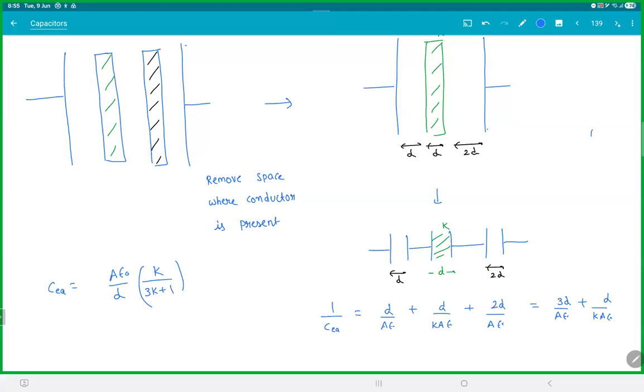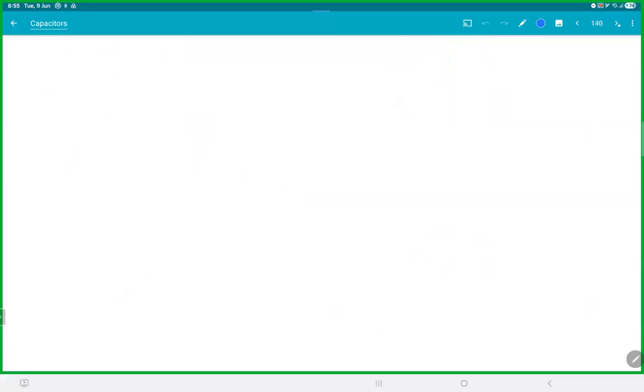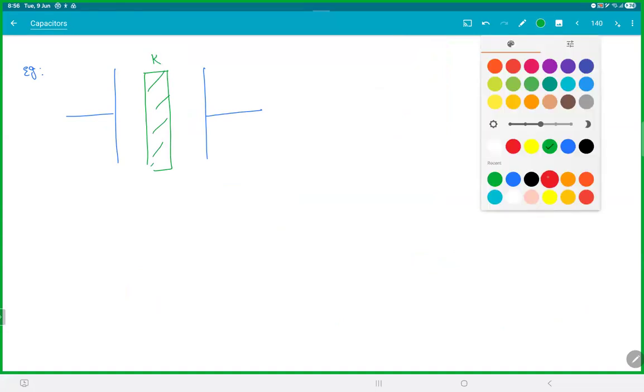All clear with this? Before going ahead, let's see just one more example. Tell me the answer for this because this is a very important Mains and BITS model. So let's say we got a capacitor here. Let's say we kept a conductor here, dielectric here, K. It was not mentioned where it is.